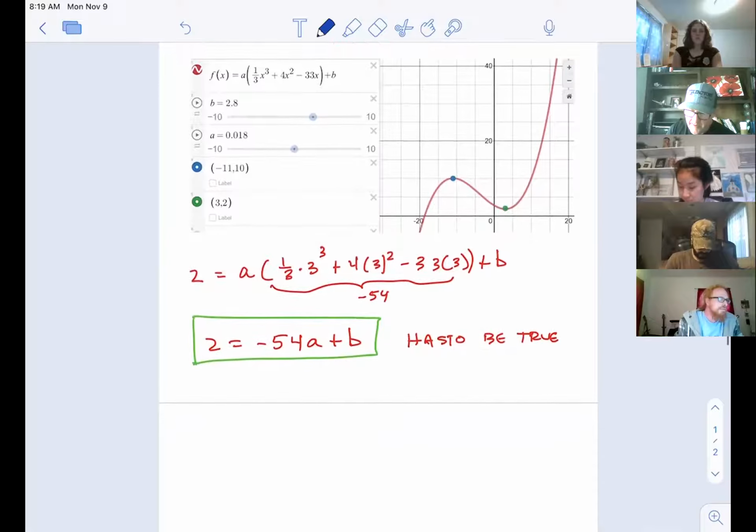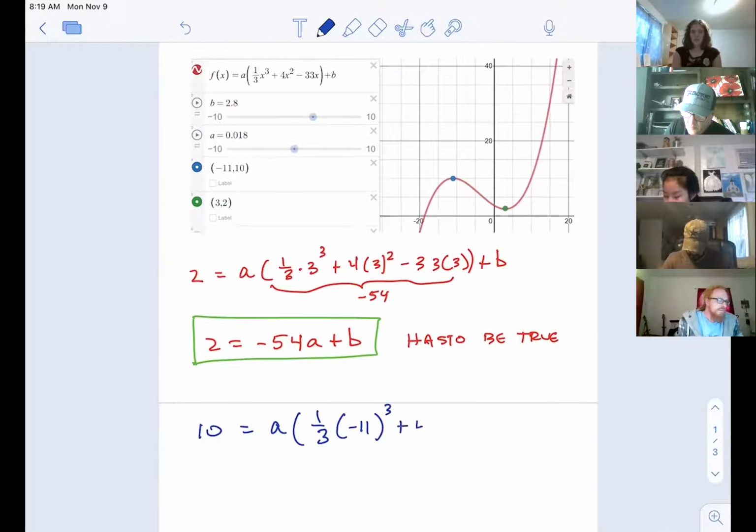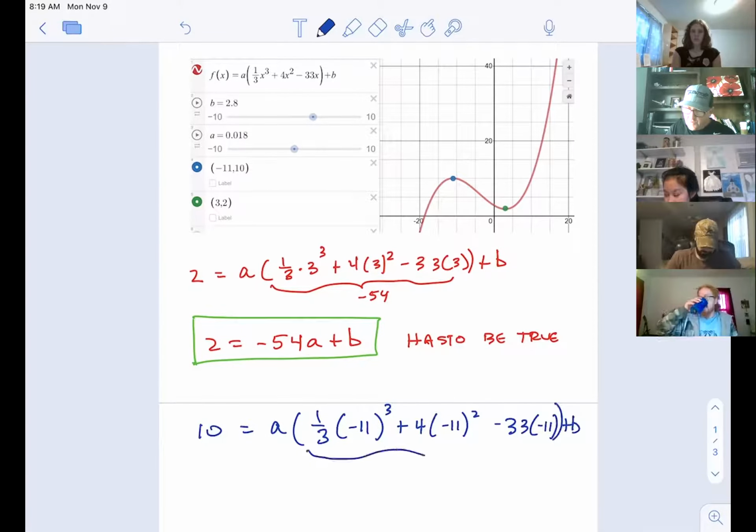And so when y is 10, x has to be negative 11. So this is going to be much worse. Plus 4 times x squared minus 33 times x. Again, I'm just punching quickly in my calculator, and I could have already done this, but I'm taking my time a little bit with you so that you get a chance to see the process.